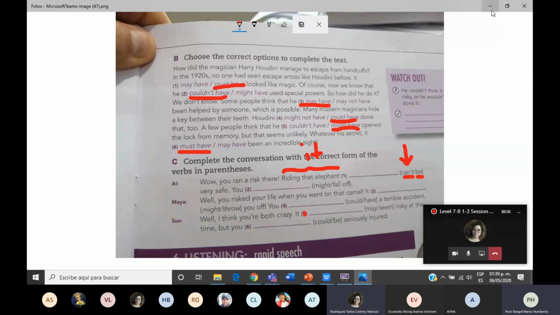Entonces yo te pongo the exam, entre paréntesis el verbo be, tomorrow. So the teacher said the exam will be tomorrow, but he wasn't really sure.